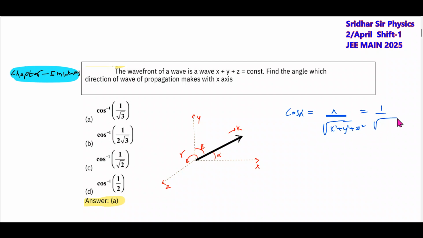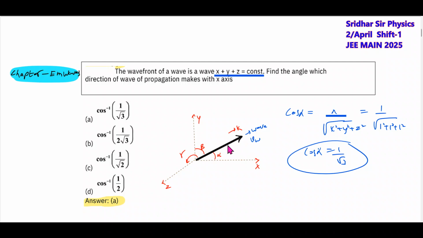This will be 1 by root of 1 square plus 1 square plus 1 square, which is 1 by root 3, because he has given x plus y plus z equal to constant. A simple question, no concept, just the propagation constant here, the direction in which the wave is propagating. He has given some wavefront like this. So this is the method.